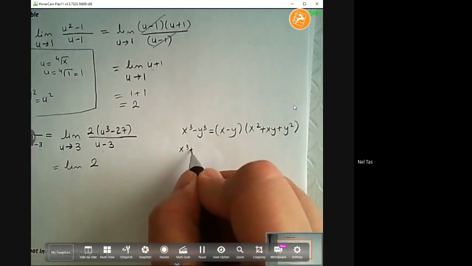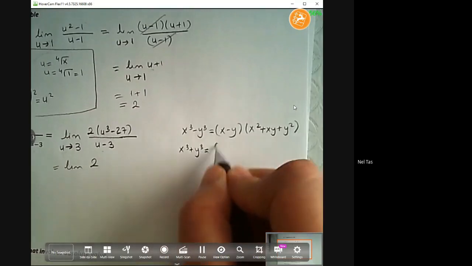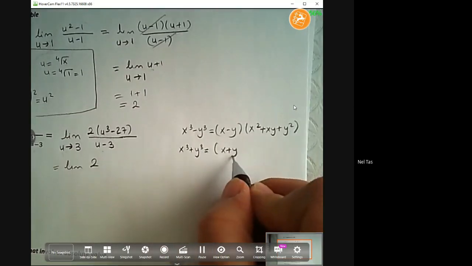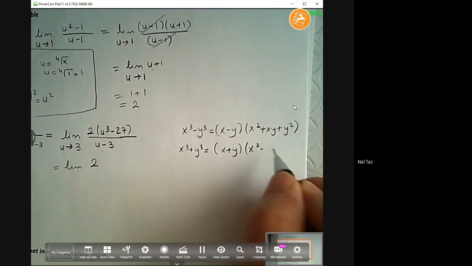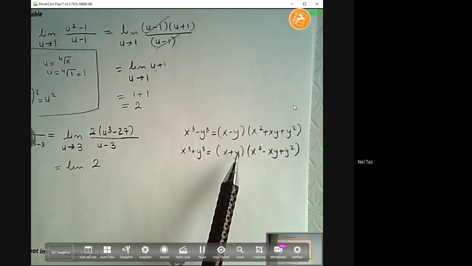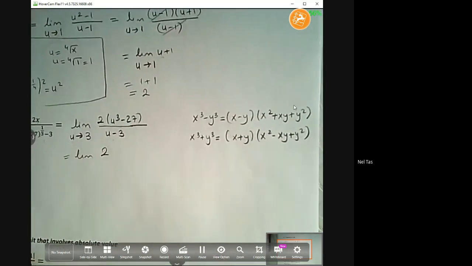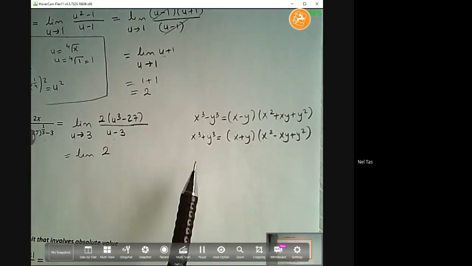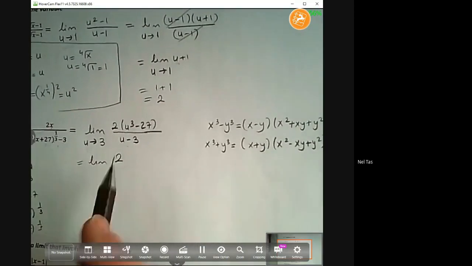And x cubed plus y cubed is x plus y times x squared minus xy plus y squared. So we learned this in advanced functions, but just in case you forgot, take a note of those formulas.